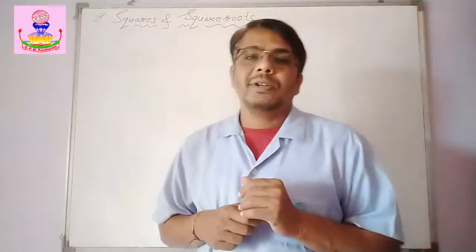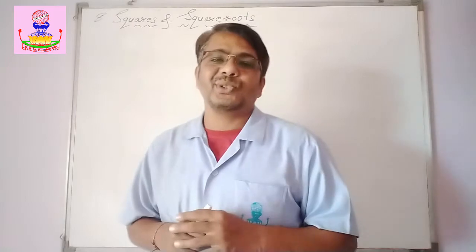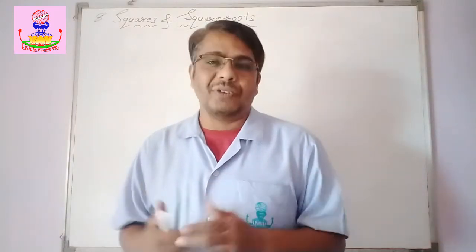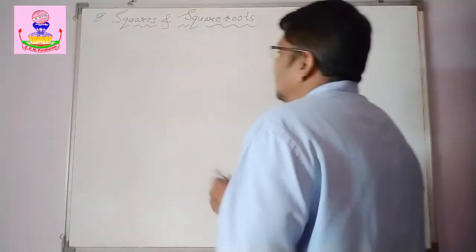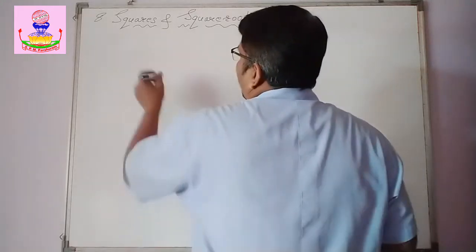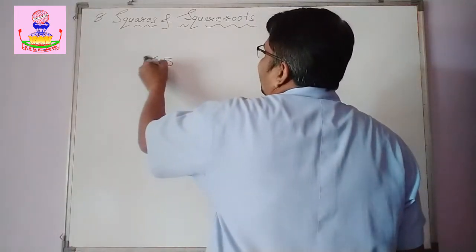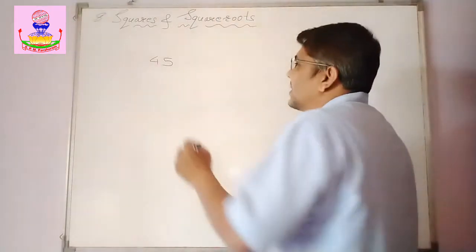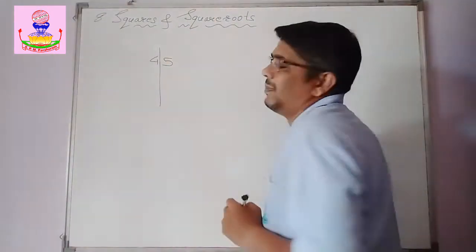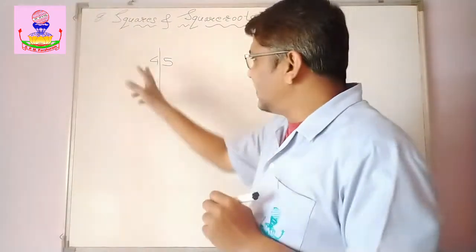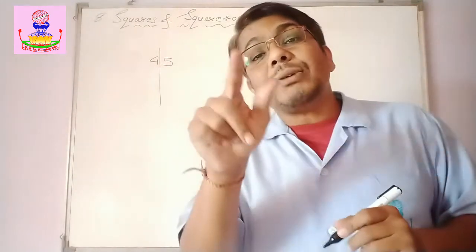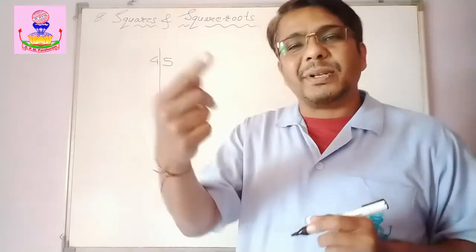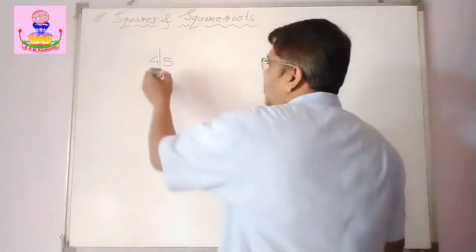Then, to find the square of a number having 5 in its units place, what to do? See, for example, suppose I have got 45. So what will I do? Separate the units place digit from the rest of the digits. Take the square of the units place, that is multiply 5 by 5.